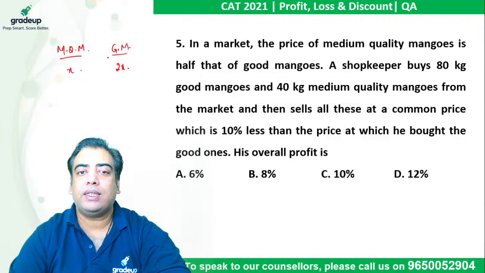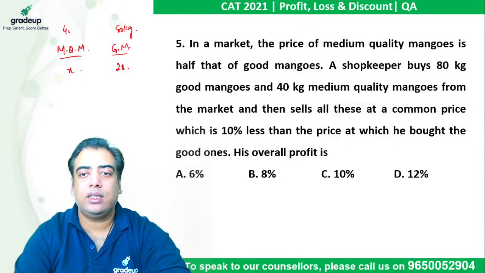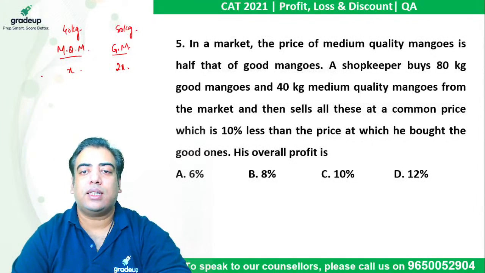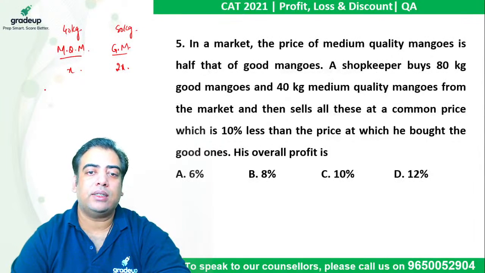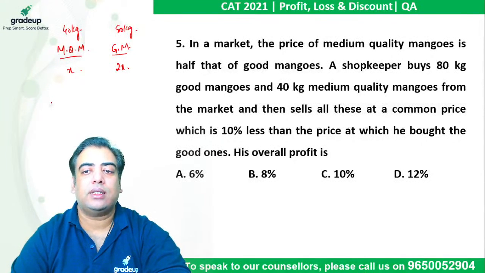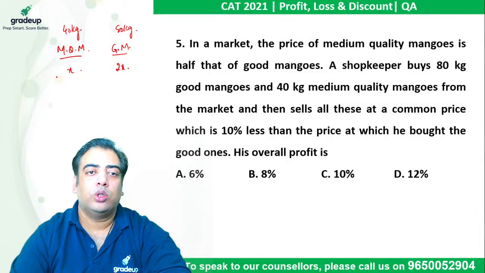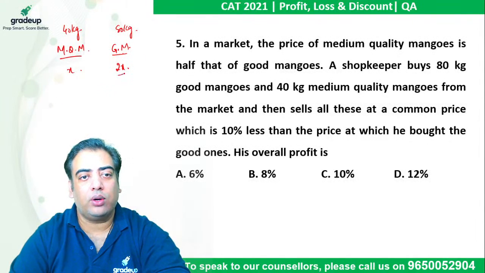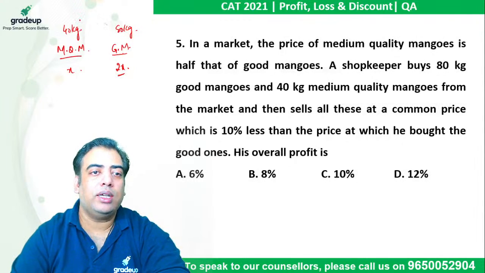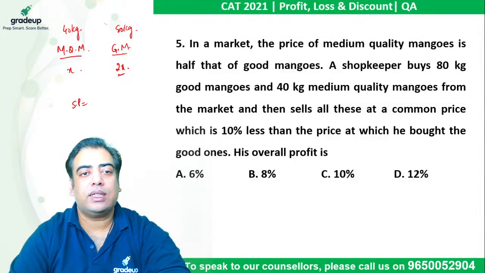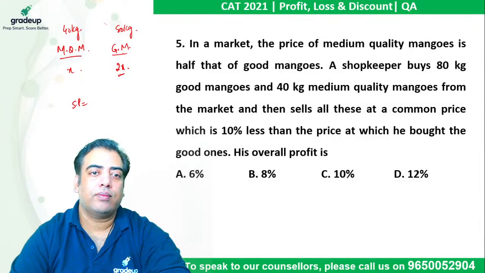A shopkeeper buys 80 kg of good mangoes and 40 kg of medium quality mangoes from the market, and then sells all these at a common price, which is 10% less than the price at which he bought the good ones. So he bought the good ones at the rate of 2x, and now he is going to sell the entire lot at a price which is 10% less than this, right?